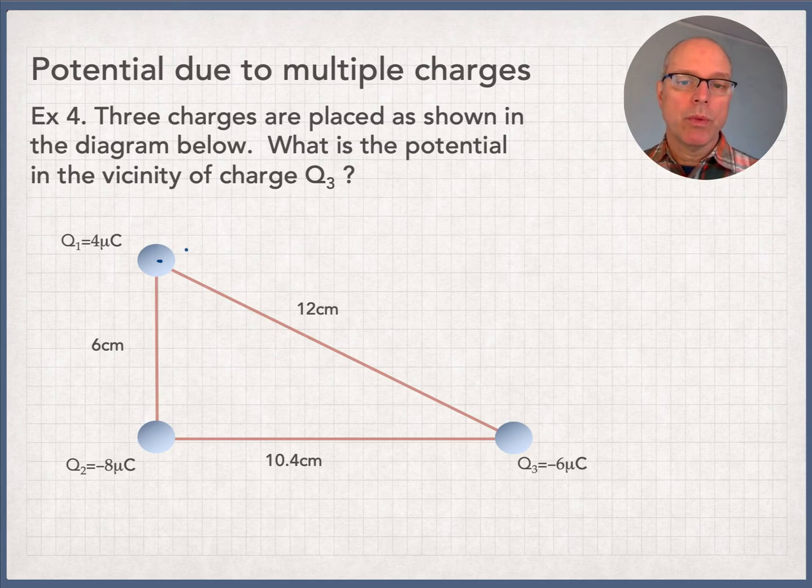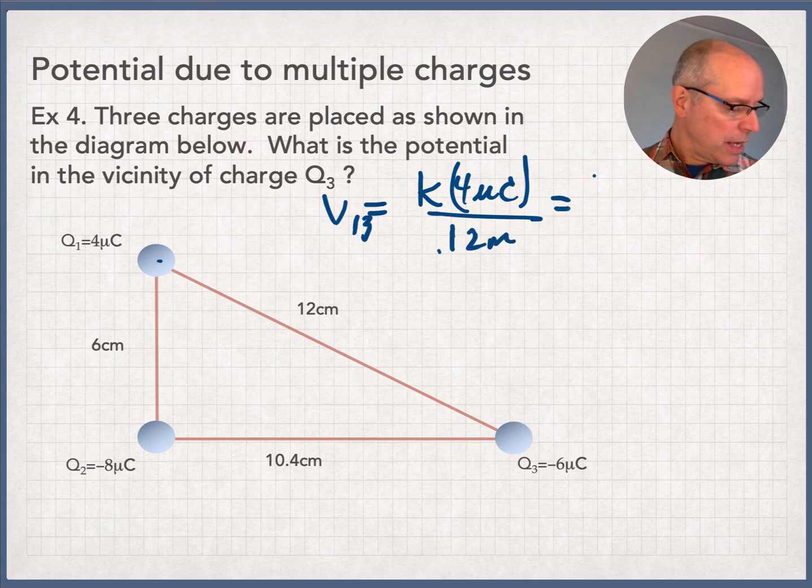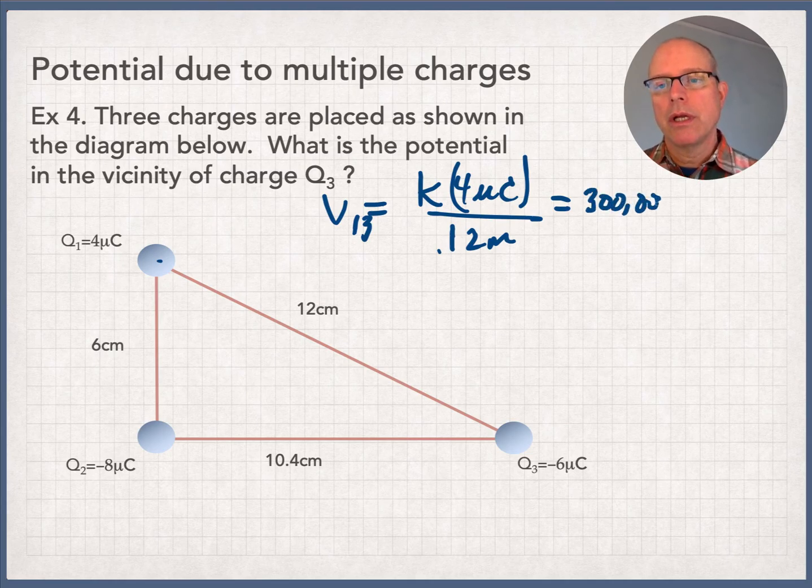We just isolate on this one, and the voltage created by 1 over here at 3 is just K, Q1, so 4 microcoulombs, divided by the distance between the two of them, 12 centimeters, or 0.12 meters. You can do that math, and it turns out that is equal to 300,000 volts. So this guy right here is going to set up a 300,000 volt potential down here.